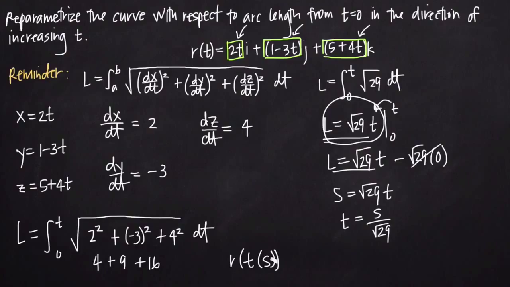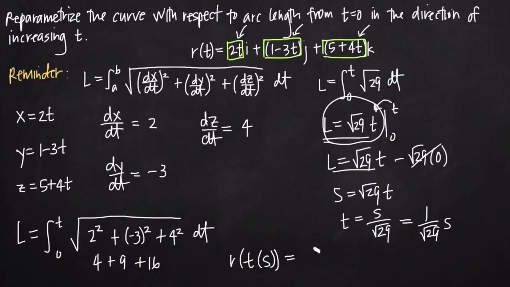So t in terms of s, and we've plugged that into our vector function r. So we have r in terms of t, which is in terms of s. So we say r of t of s is equal to, and now plugging in s over root 29, it's actually typical to bring this s outside of a fraction if you end up with one. So we want to write this as 1 over root 29 times s. That's the way you'll most commonly see it.